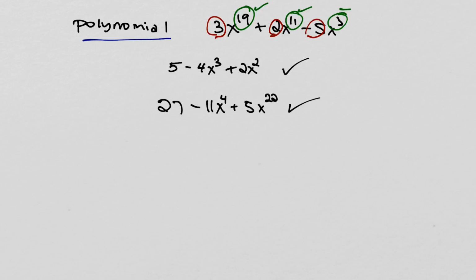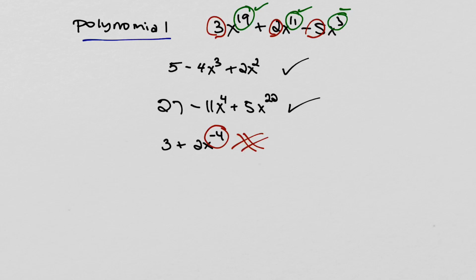But as soon as those exponents start to become numbers which are not positive integers, then we start running into problems. For instance, if I had 3 plus 2x to the minus 4, as soon as we see that minus 4 right there, we know that, nope, that's not going to give me a polynomial.